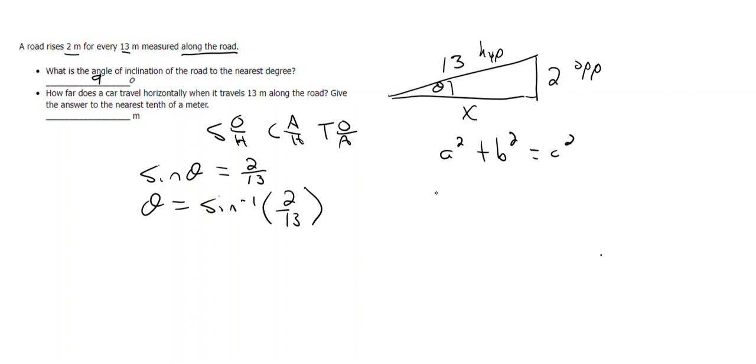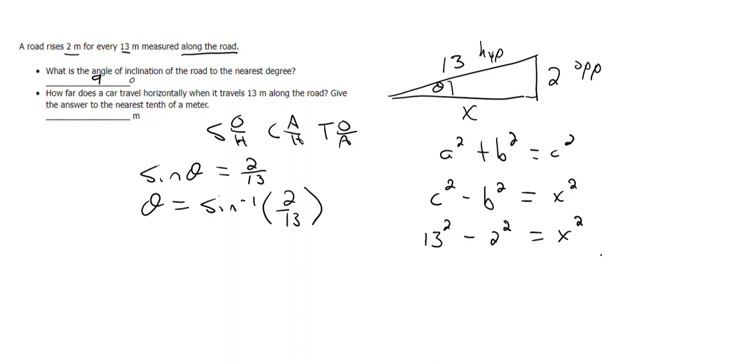So let's just rewrite that a little different. It's c squared minus, and then you can call whichever one you want, like this could be a or b, right? So I'll just say b squared is equal to a squared. And since I called this x up here, I'm going to call that x squared just to stay consistent. All right, so now let's fill this in. So c squared, so this is really 13 squared minus 2 squared is equal to x squared.